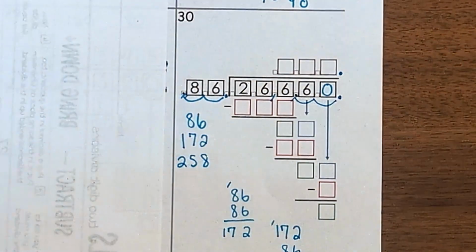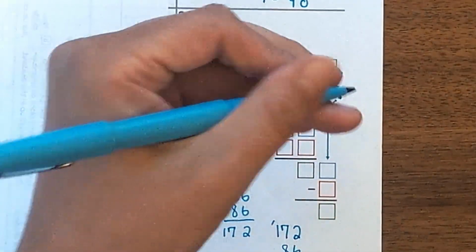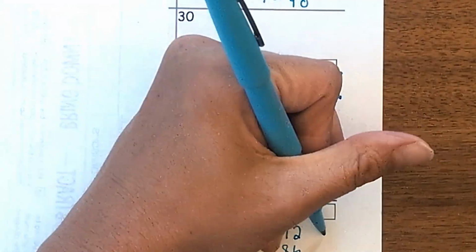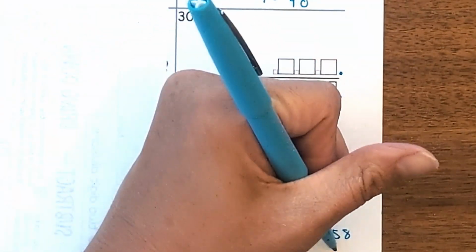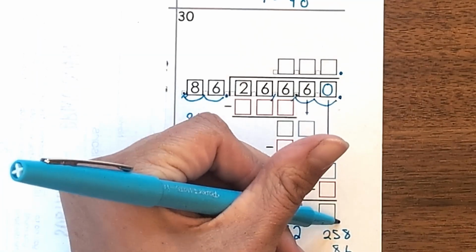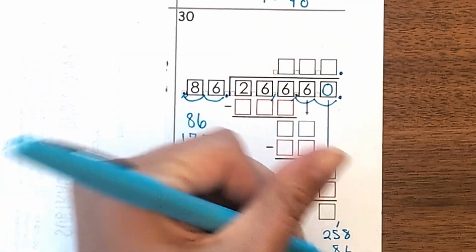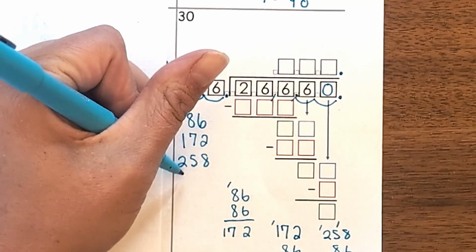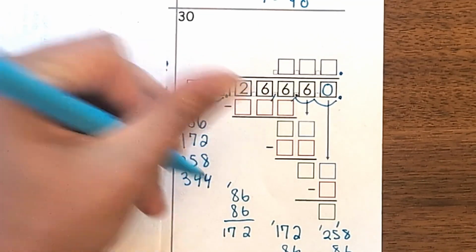And then let's do another one because this will just be so great to have. So another 86, so 258 plus 86 is 344.